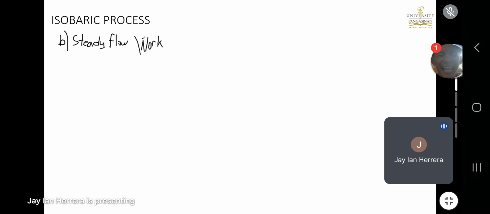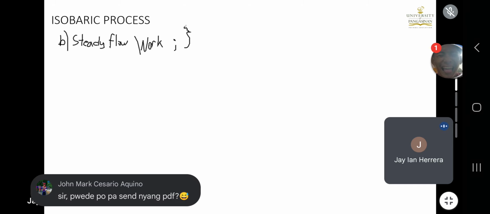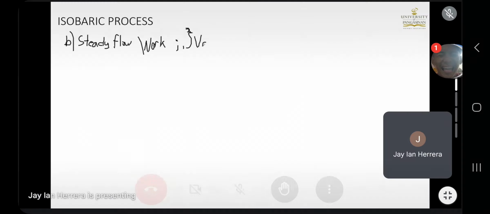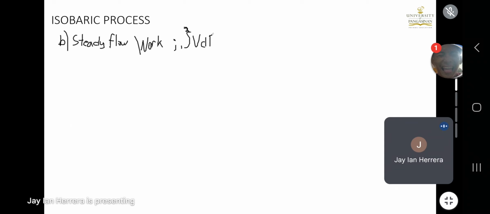Like earlier with isometric, our steady flow work is the integral of delta P V, at the lower and upper limits. Since the pressure is constant, this becomes zero, like I explained for isometric.